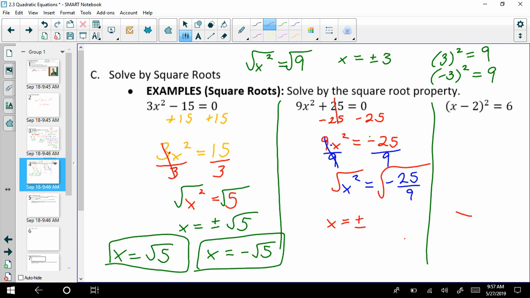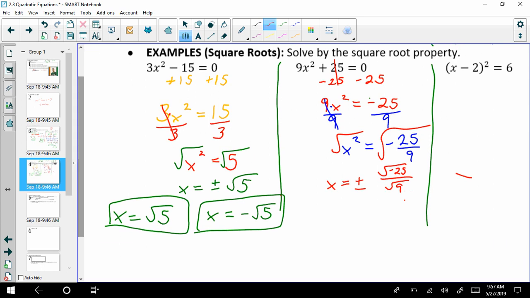And if this fraction under the square root intimidates you, let's break it up into two pieces, just like we did when we were simplifying square roots. And let's do each separately. So the square root of 25, its perfect square, is 5, but since there's a negative under there, it's going to be 5i.